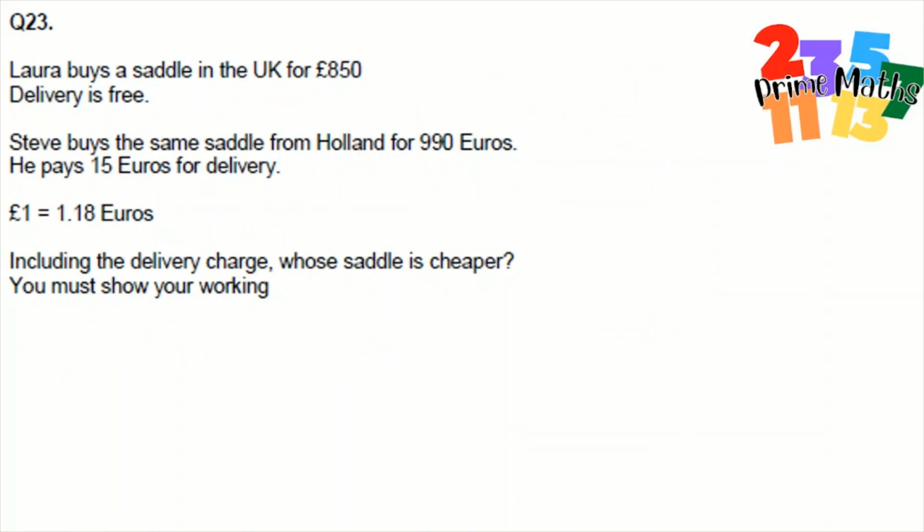Question 23 is a currency exchange question. Laura buys a saddle in the UK for £850 and there's another saddle that's €990 but also €15 for delivery. I can work out how much Laura paid in pounds. Changing the pounds into euros, we multiply by 1.18.